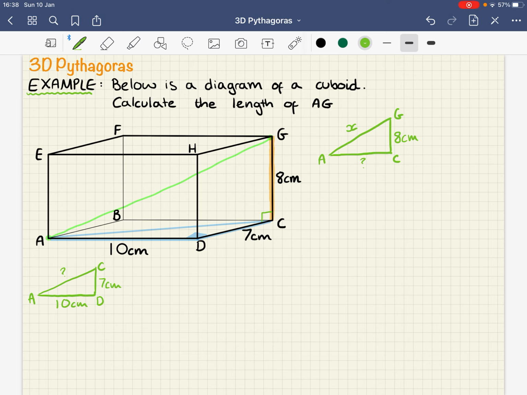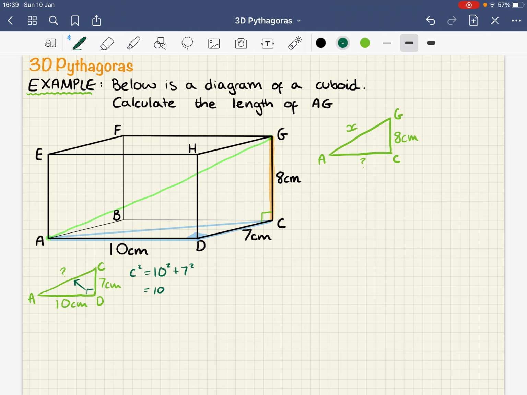I need to find that third side, so I can use my Pythagoras formula to find this A to C length, in order to know what this part is, to find out what my end goal is going to be. So I've got to use my Pythagoras formula now. C is opposite my right angle, so C squared equals 10 squared plus 7 squared.